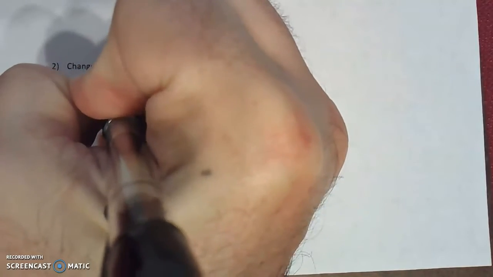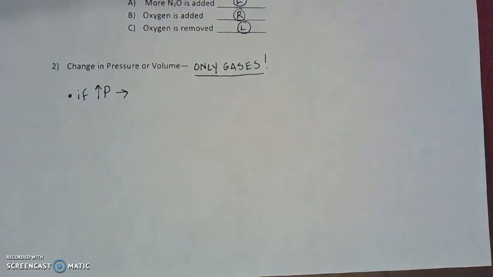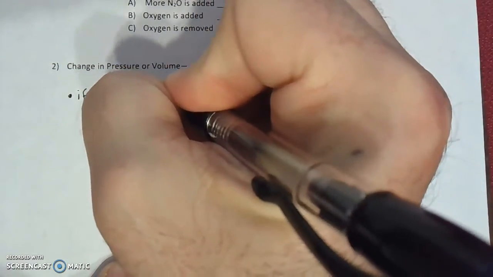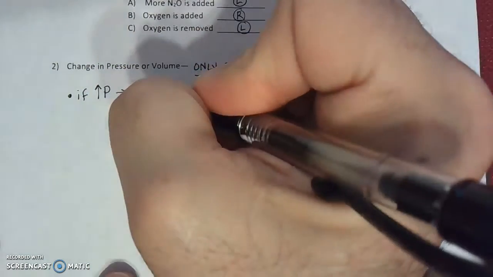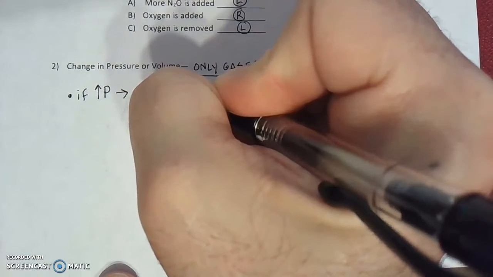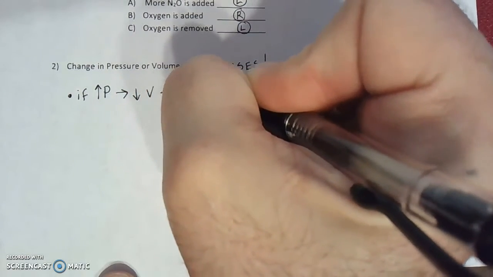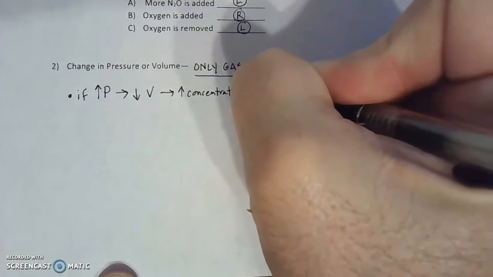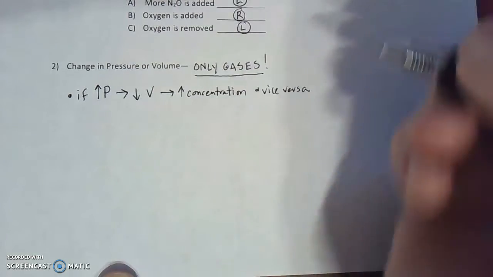If we increase pressure, we're putting things under pressure, that is going to decrease the volume, and since we decrease the volume, it increases the concentration, and vice versa, the opposite.